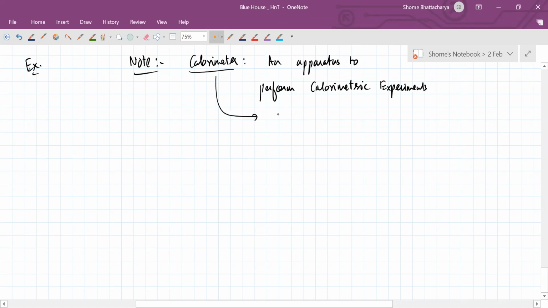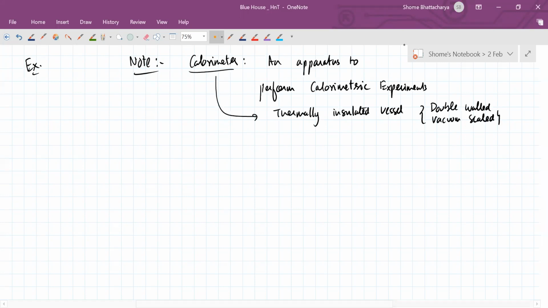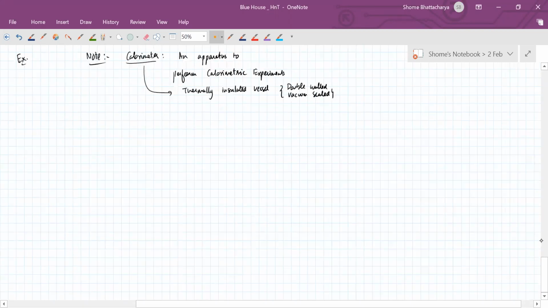So the calorimeter is basically a thermally insulated vessel. Ideally, it is a double walled vacuum sealed vessel. Okay, I'll take you back to the previous section. Finish writing this down.